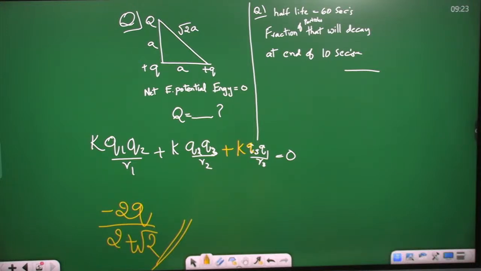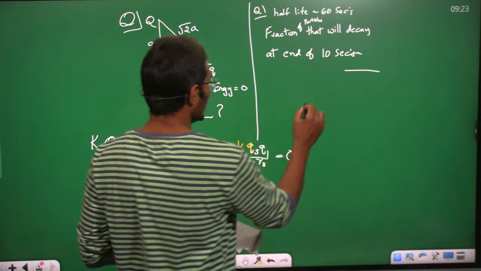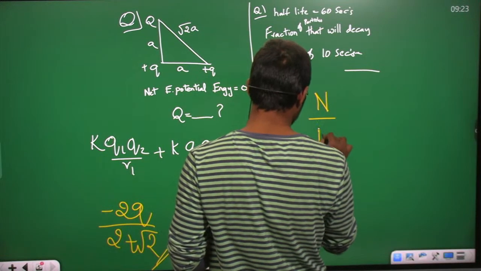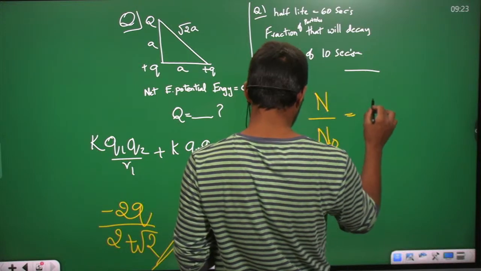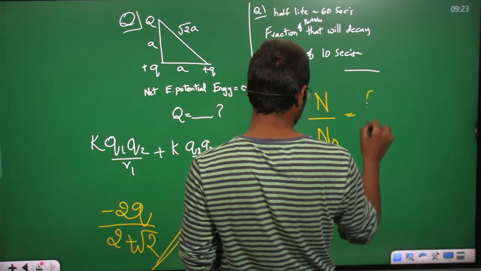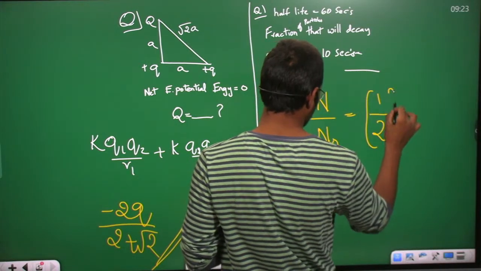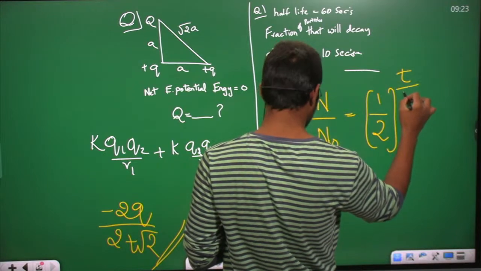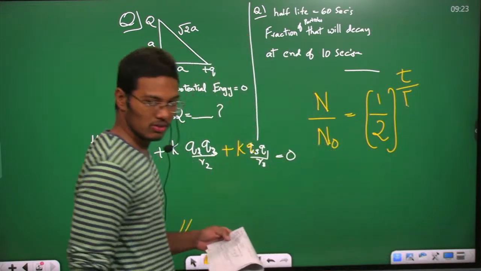See, what is the question is that the fraction of particles that will decay at the end of 10 seconds. So how do you solve? No idea. See, we know that n by n naught is equal to half to the power T by capital T. Do you know this?